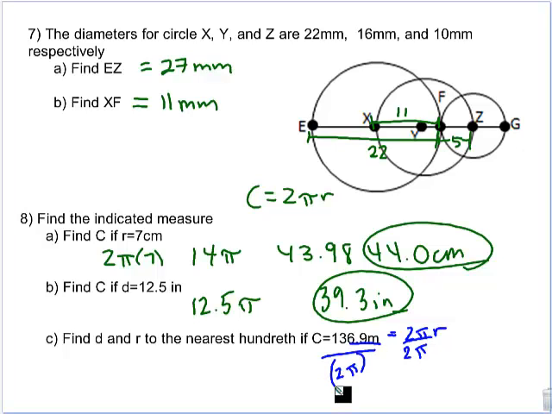Make sure you divide by 2 pi in parentheses, otherwise your answer will be way off. So figure out what the radius is. 215? No, you did not divide by 2 pi in parentheses. Oh, 21.8. That sounds much more reasonable. Anyone else getting 21.8?